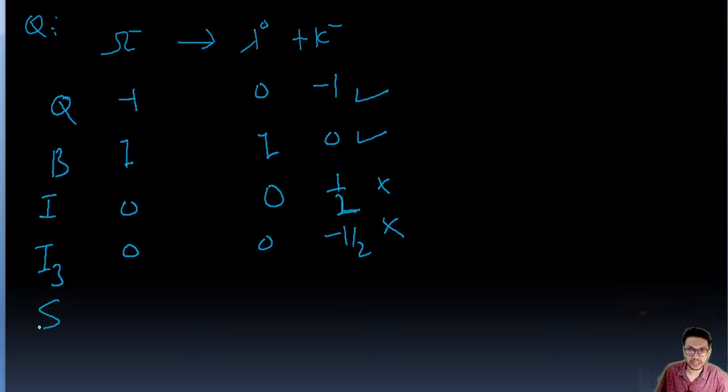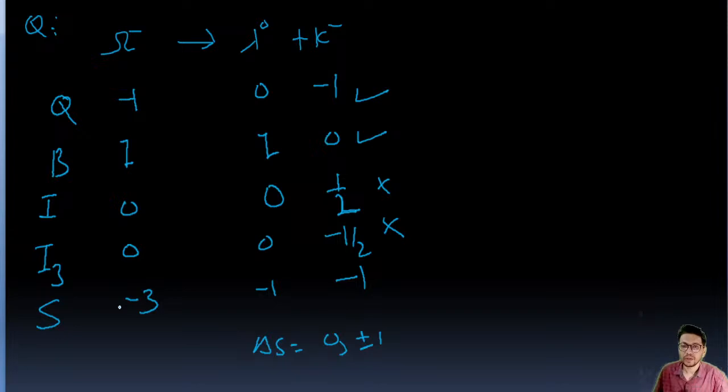Now we'll check S, strangeness number. This is -3 for this omega minus. I have already solved it by using the Gell-Mann–Nishijima formula. So this is -1 and this is -1, right? So here delta S should be 0 or ±1 for weak interaction.